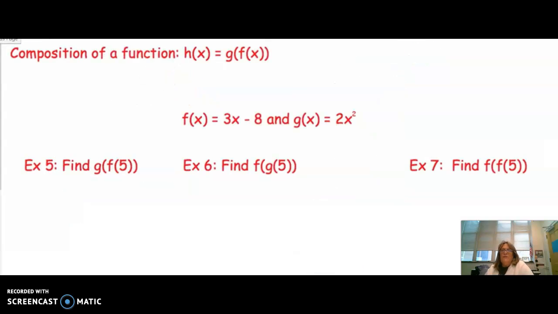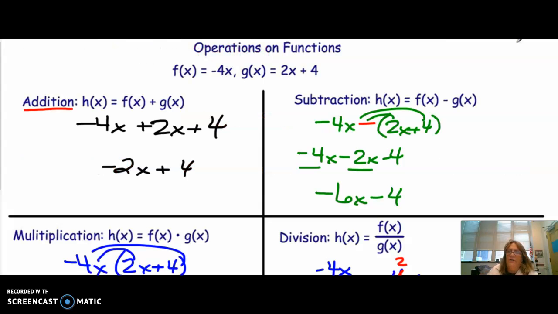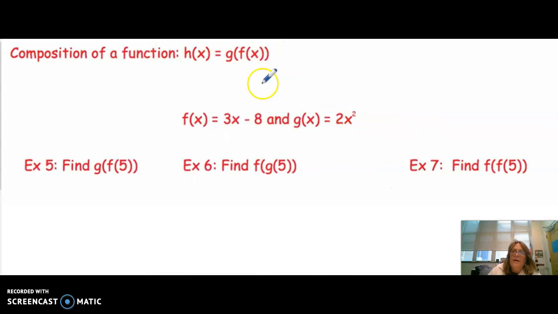All right, when we do something that's called a composition of a function, we are basically combining some of these qualities that we did over here with our operations on our functions. Okay? Sometimes you'll see it written like this. Other times you will see it written as g with an open circle f of x.